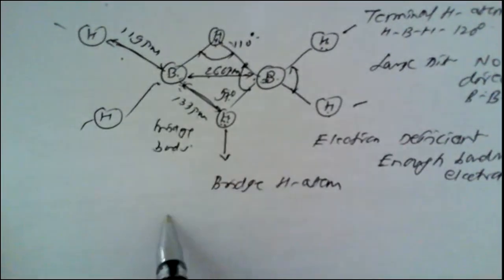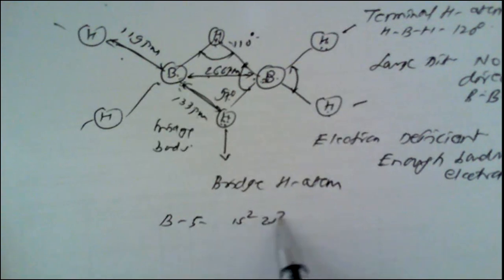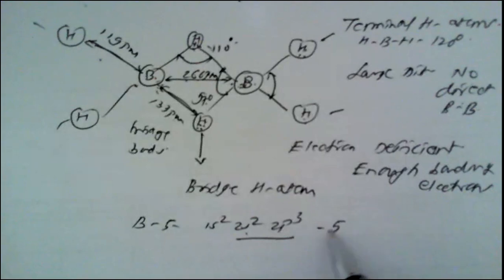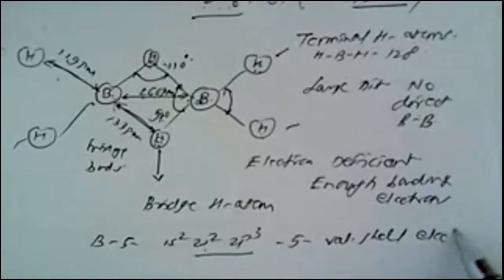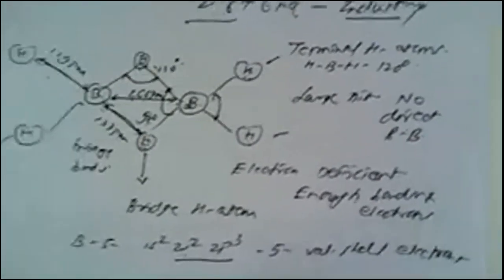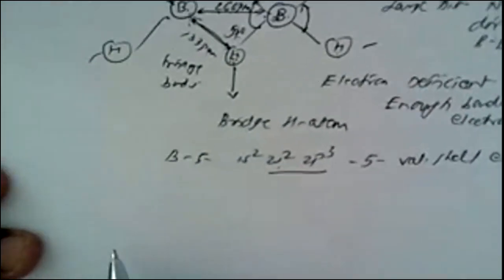As we know, boron having atomic number 5 has the electron configuration 1s2, 2s2 and 2p1. Sorry, I first said 2p3, but it is only 2p1, and I would like to correct that.